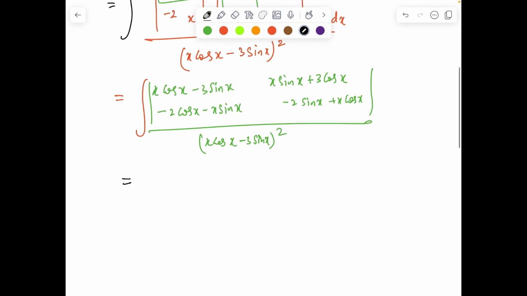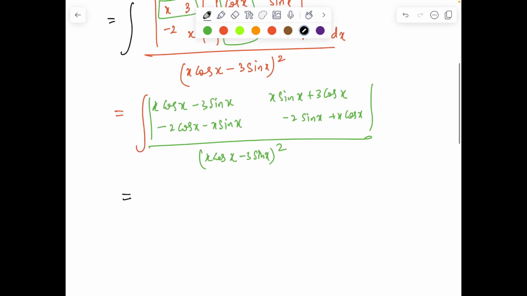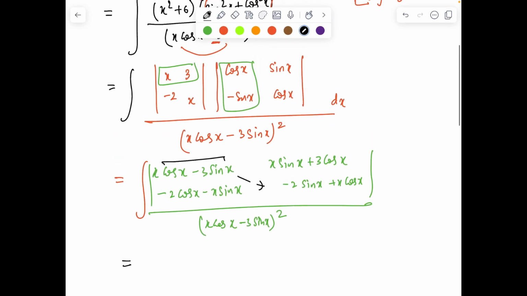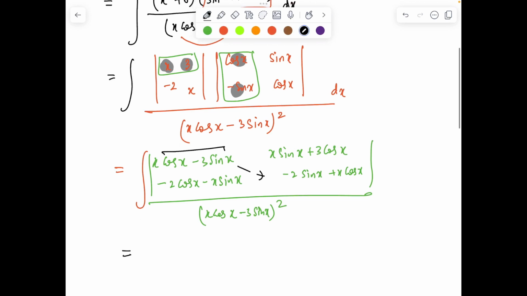That gives a bit of motivation for putting this into multiplication, and you can see x cos x minus 3 sin x came into the picture, and because of that probably here we have kept 3 and x, so that cos x and minus sin x bring that structure.